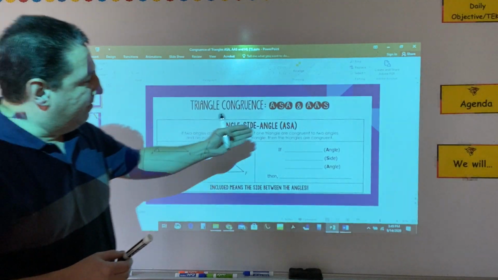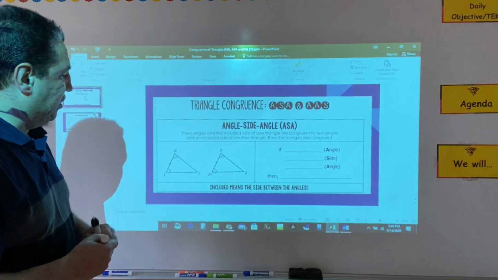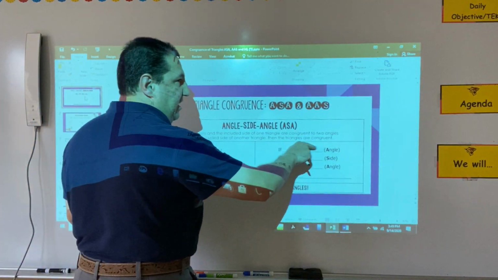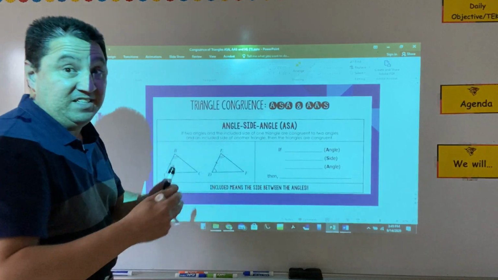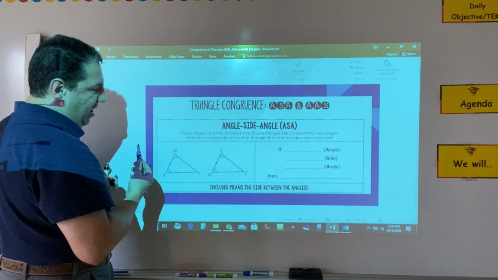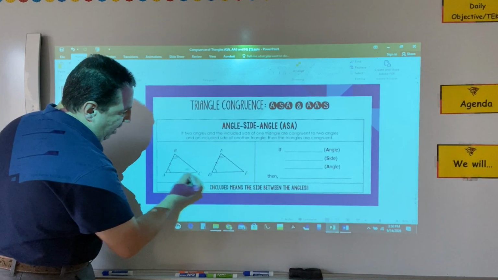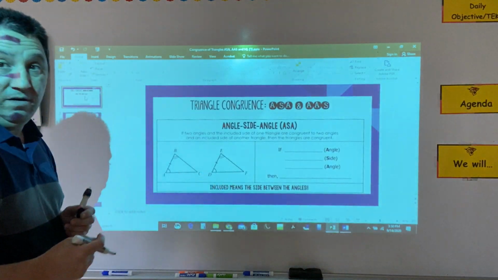And now, let's fill in the blanks. So, first, we have to come up with a pair of corresponding angles that are congruent. What are these angles? As you can see, A and D are marked the same.